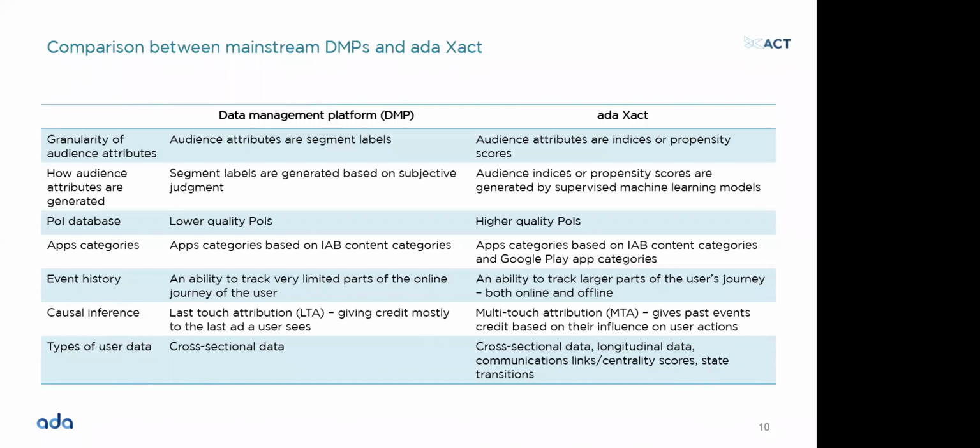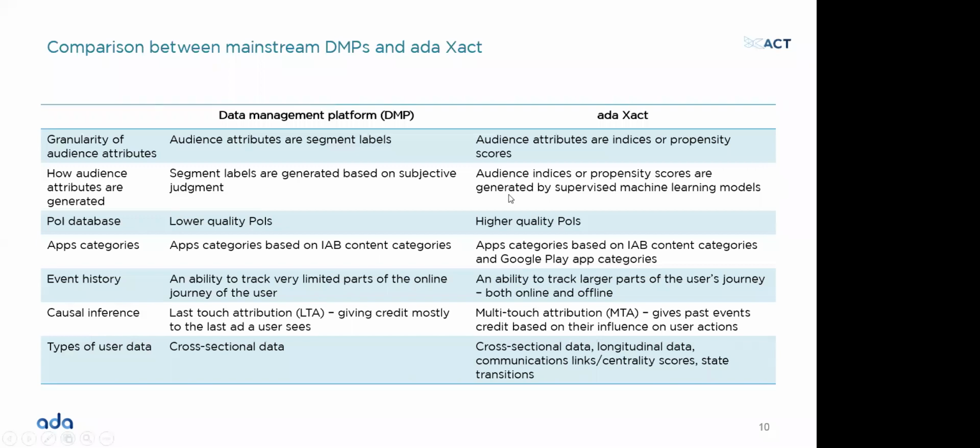Now, in mainstream DMPs, how audience attributes are generated is that they're based on subjective judgment. So in case of things like income prediction, in mainstream DMPs, how income is mostly predicted is based on the type of websites, for example, that the user visits.